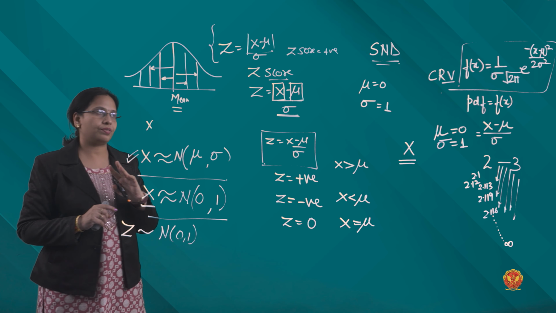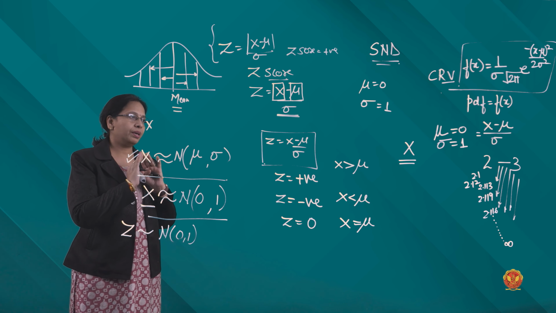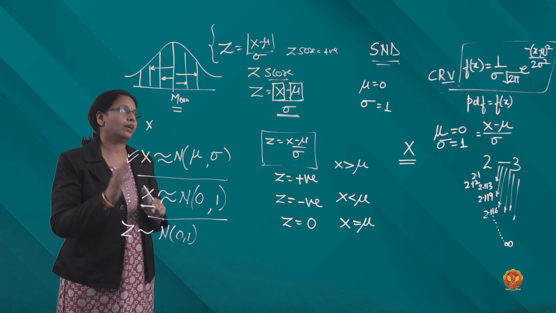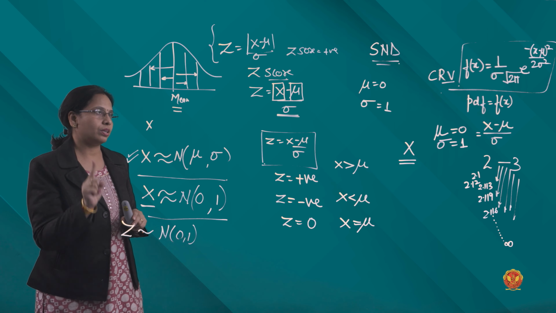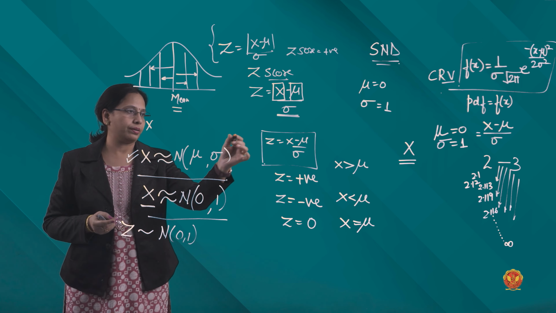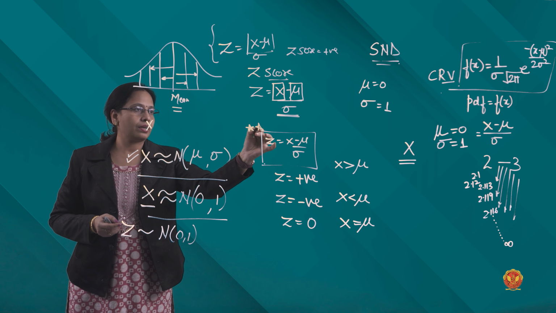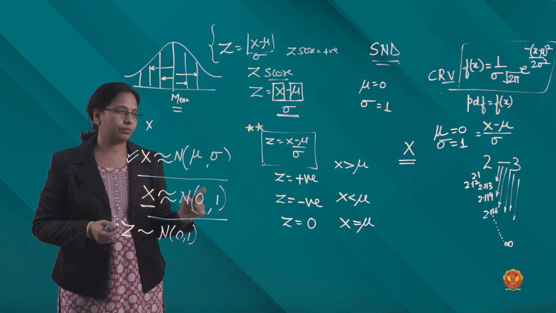So three things which we have learned. Keeping everything aside, the three points we need to remember are: point 1, this formula, that is the Z transformation formula.